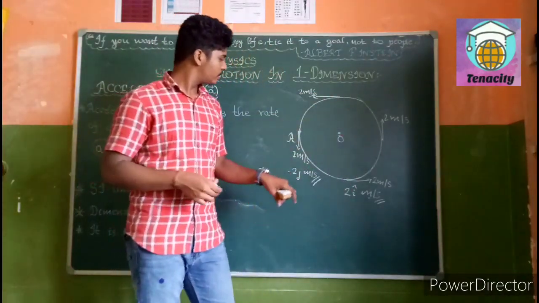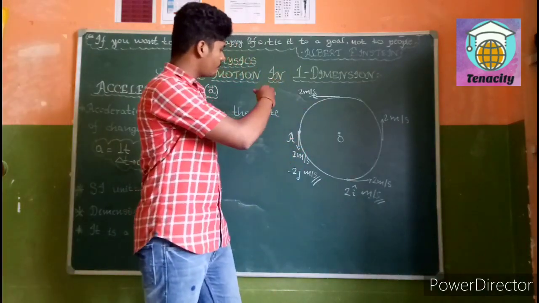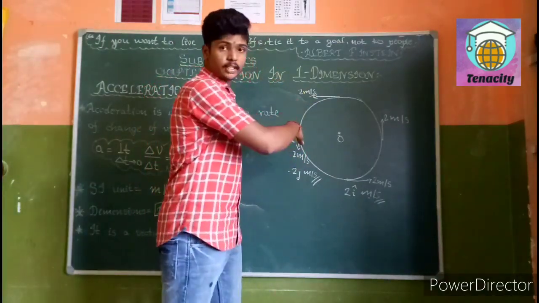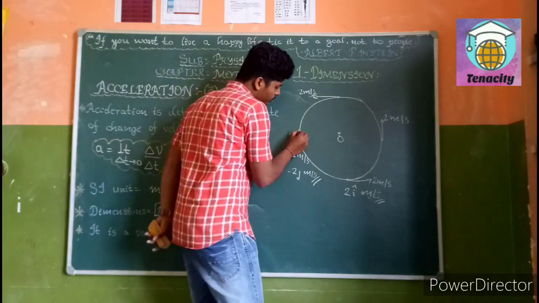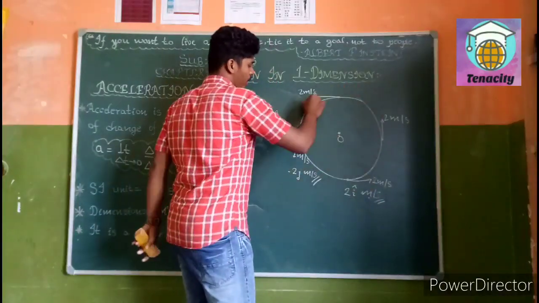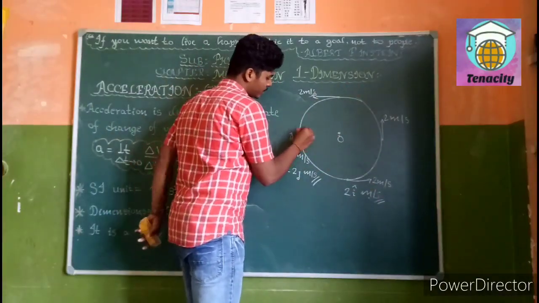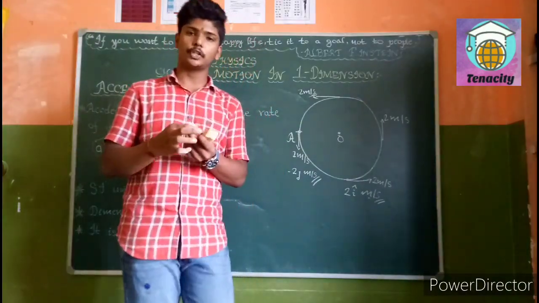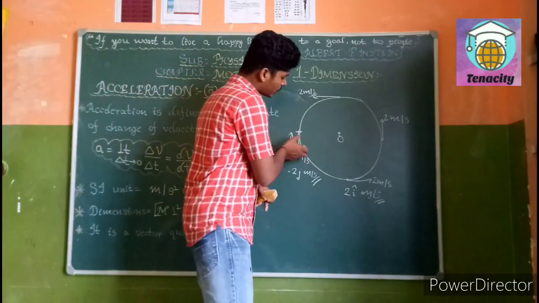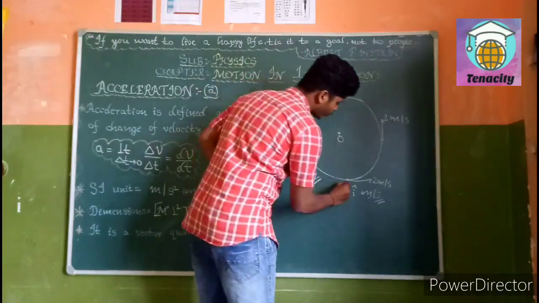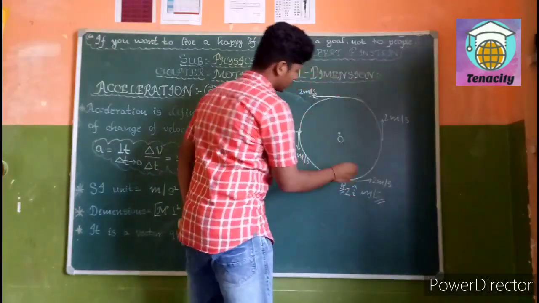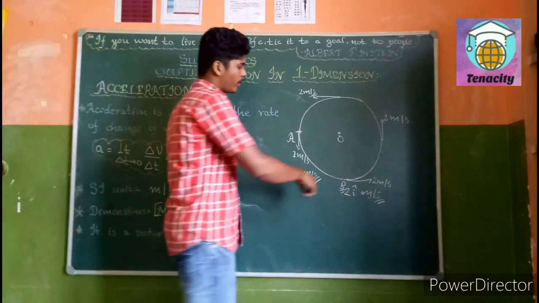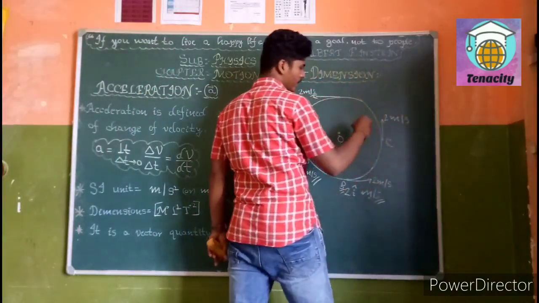If you consider the whole journey, when it comes back to this point, its displacement is 0, velocity is 0, and acceleration you will tend to say is 0. But when you consider from point A to point B, it is accelerating. From point B to point C, again it is accelerating.